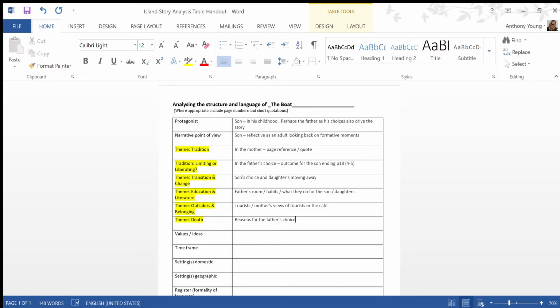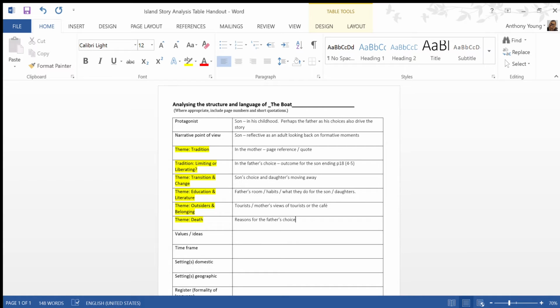So one of the benefits of doing this table is that it allows you to zero in on a couple of moments in each story that are really ripe and hold a lot of promise for analysis, whether it's text response, or perhaps target you towards a moment for the gap in the text to be explored, to allow you to write about that moment from a different point of view, or flesh it out a little bit further, while exploring some of those ideas and themes.